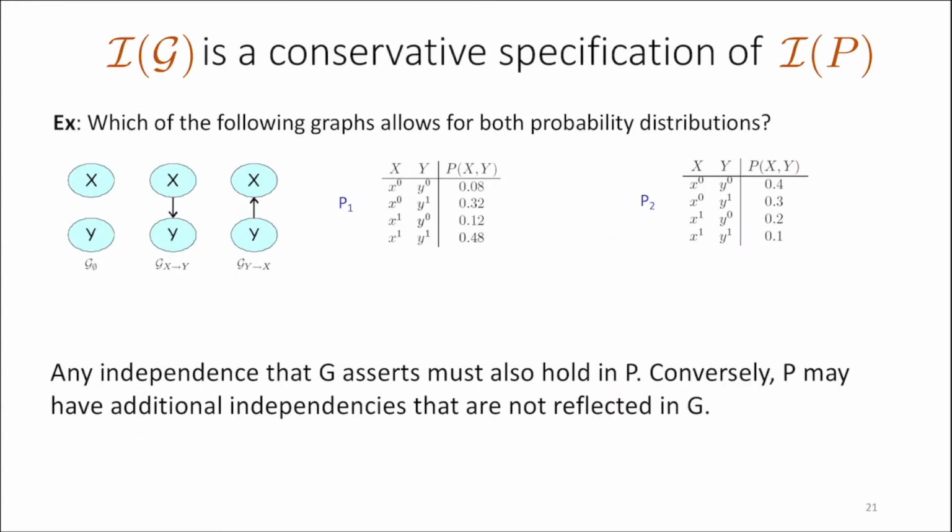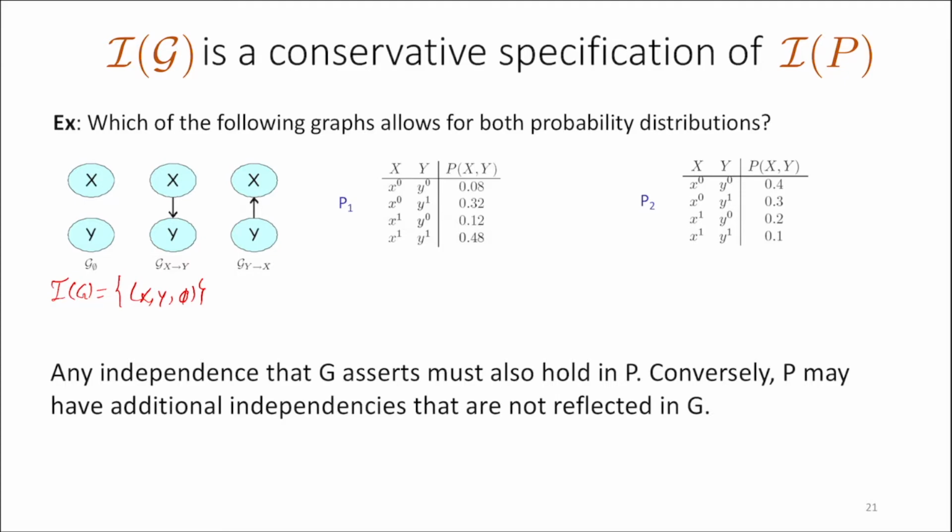On the left, you see three graphs. In the first graph, the two variables x and y are independent. So the set of independencies, curly I of G, for this graph is that x and y are independent, and you don't condition on anything.